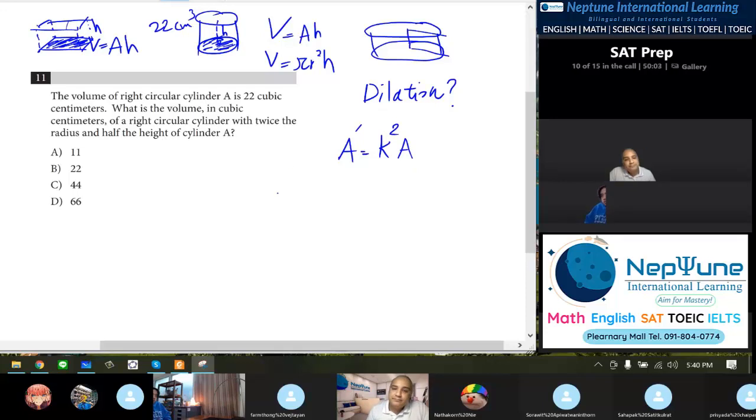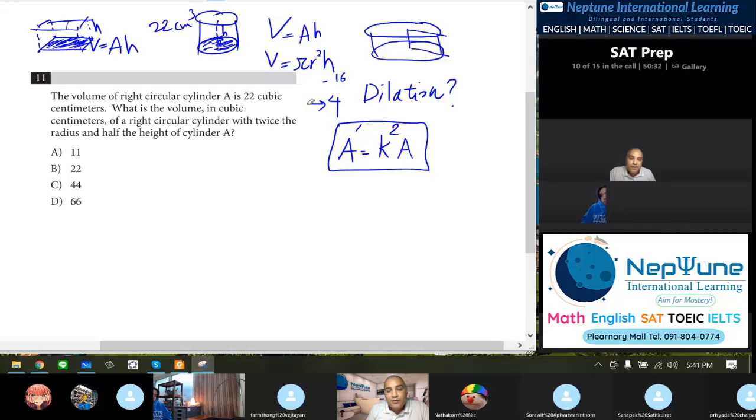The other thing we need to know: the radius is going to be squared in this formula. So if the radius is 2 and you make it 2 times bigger, it is 4, then you put 4 here. 4 squared is 16. You see that? So the effect is to the power of 2.